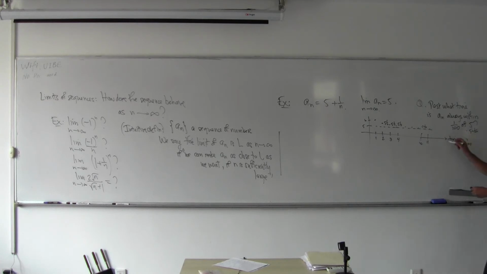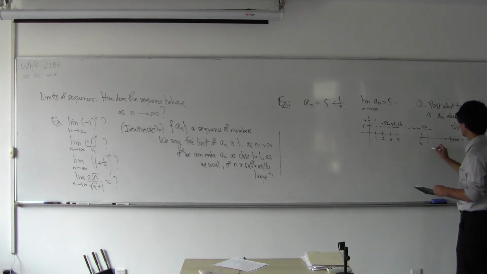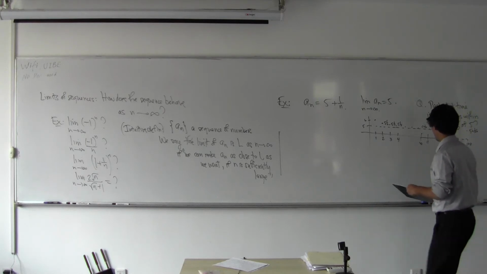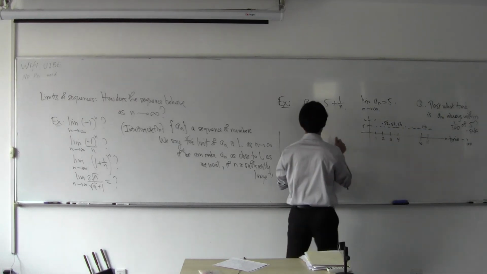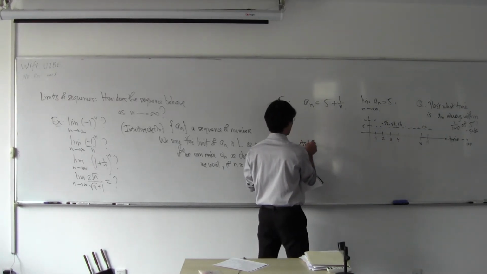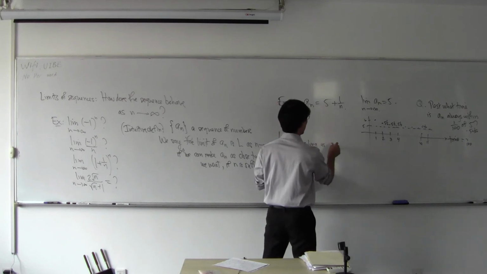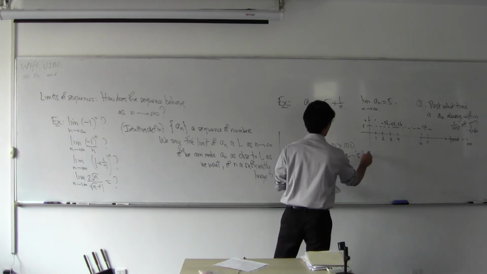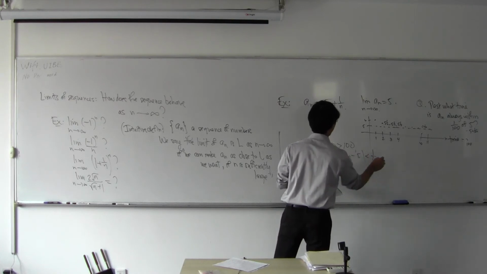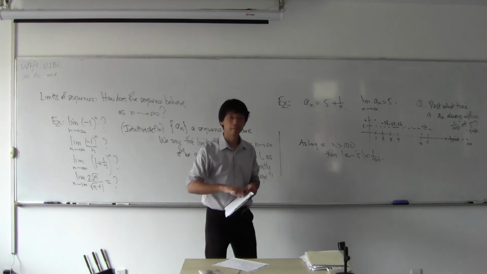So as long as n exceeds 100, then A sub n minus 5 is less than 1/100.